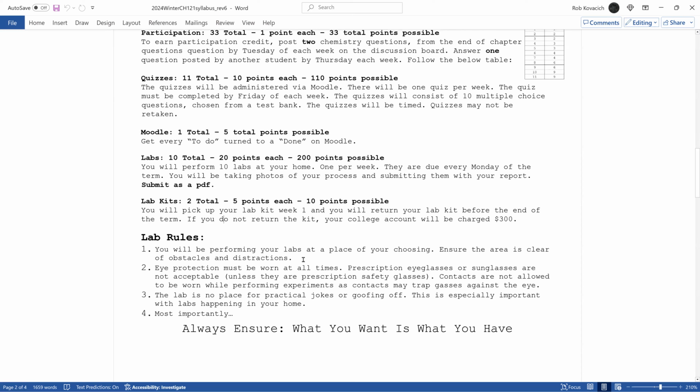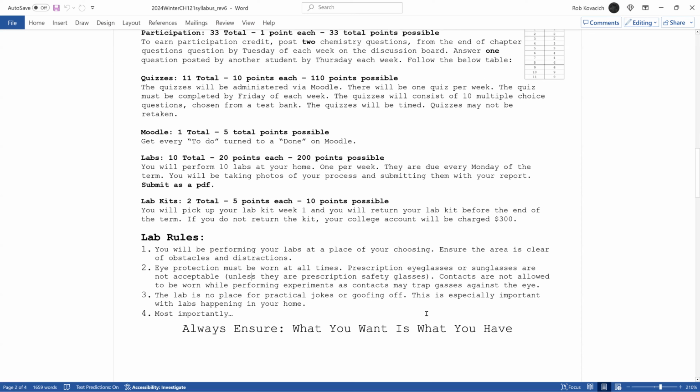The lab rules: we need to make sure that wherever you are doing your lab, there aren't any obstacles or distractions. If it's going to be in the kitchen or in the garage, you shouldn't have anybody around to distract you or get in your way. You need to be wearing eye protection at all times. If you're wearing contacts, you need to take those out and put glasses on. You can't wear contacts, and you need to be wearing safety glasses.